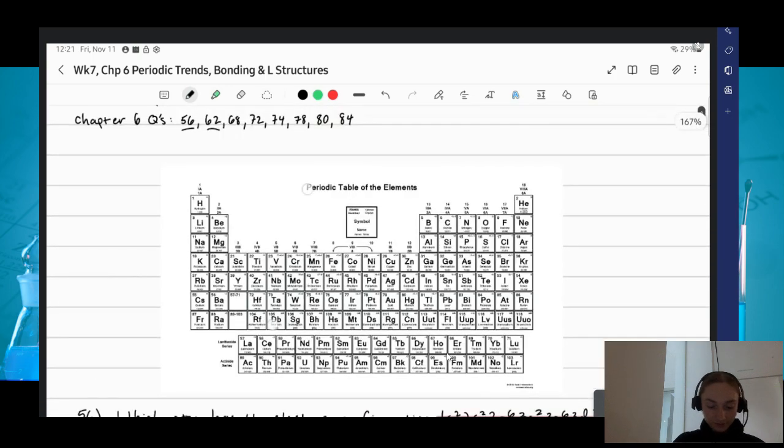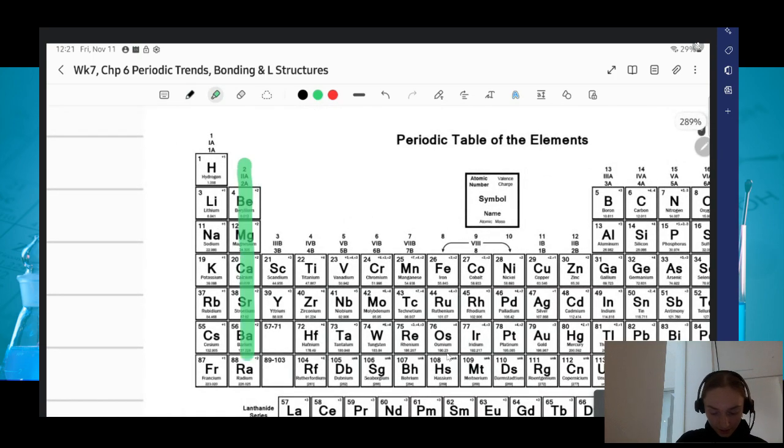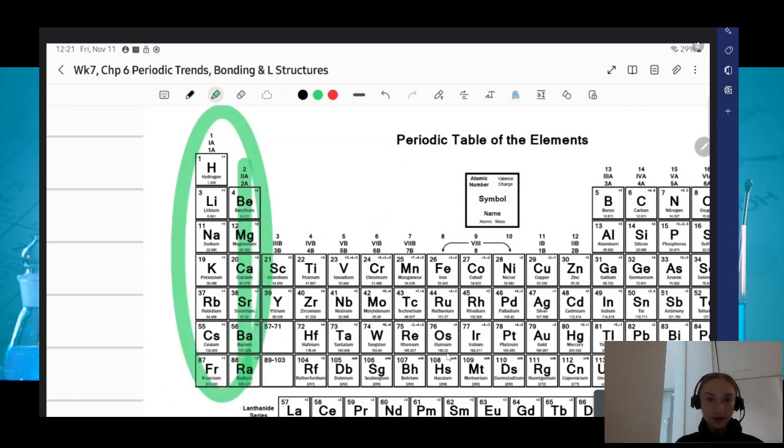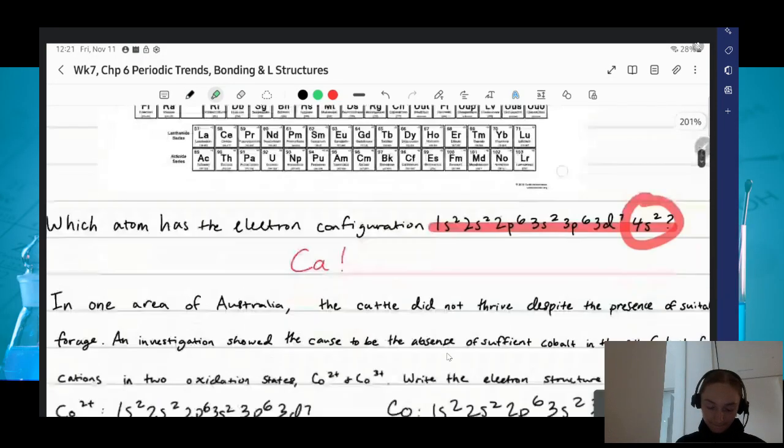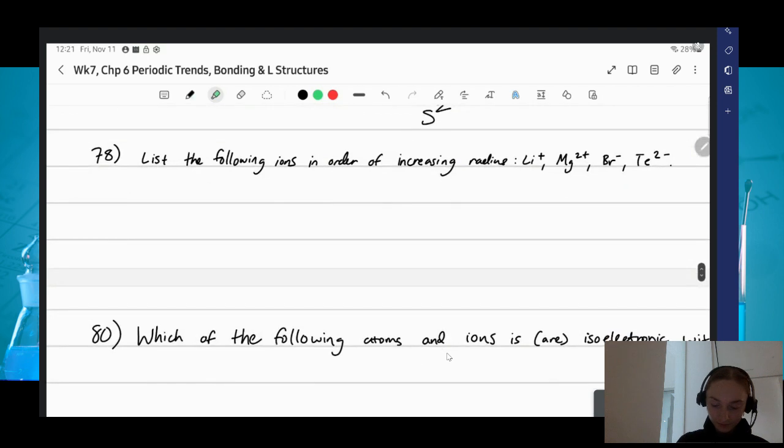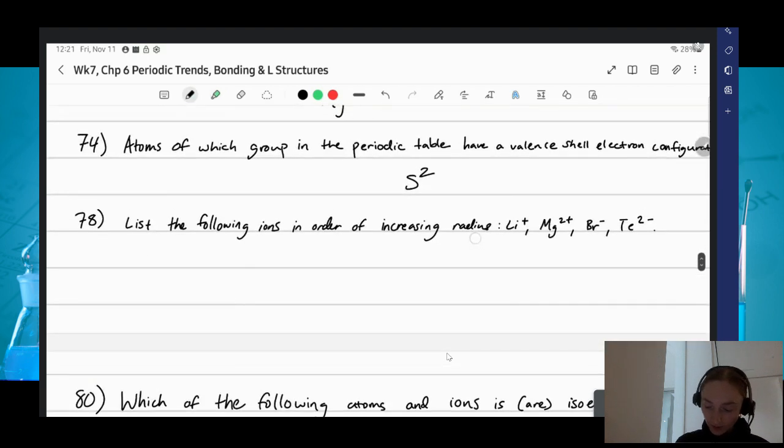So that's going to be right here, because this whole section is the s category, and s2 means it's the second column, and that is going to be the alkaline earth metals. So that is the answer to that. ns2 is the alkaline earth metal group.